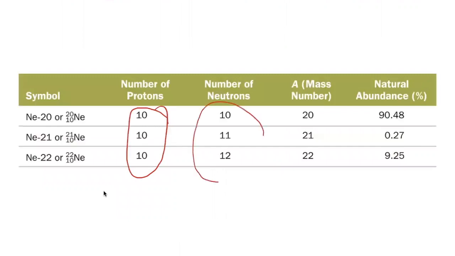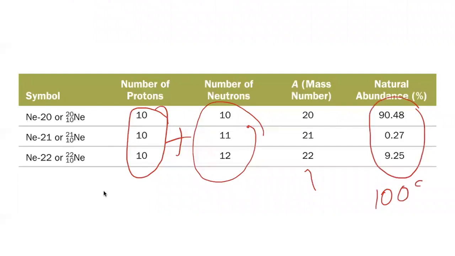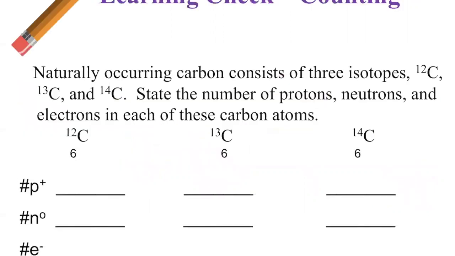However, the number of neutrons changes, which means that the mass is different because the mass is the protons plus the neutrons. This gives you the abundance. Notice that the abundance is always going to add up to 100%. I'm going to give you a chance to go over and see if you can try to answer those questions by yourself.